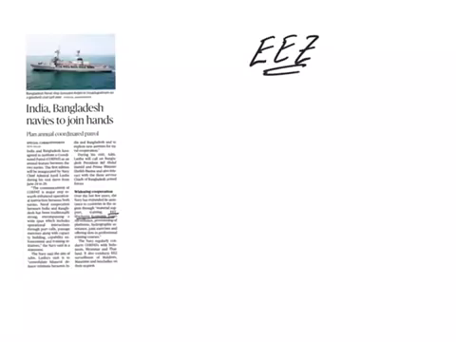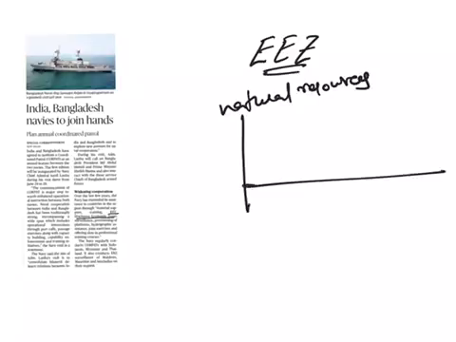The exclusive economic zone gives a country the exclusive special rights to explore natural resources up to 200 nautical miles from the baseline in a territorial sea. And the area beyond these 200 nautical miles will not be included as exclusive economic zone.